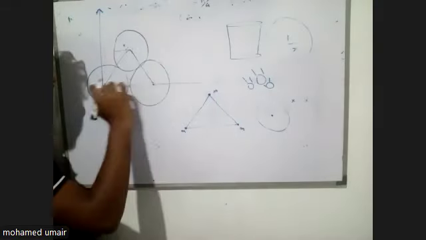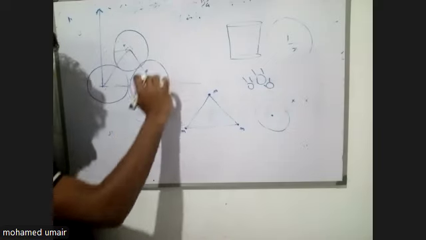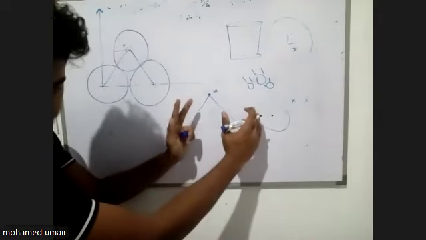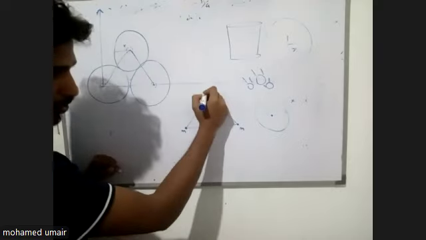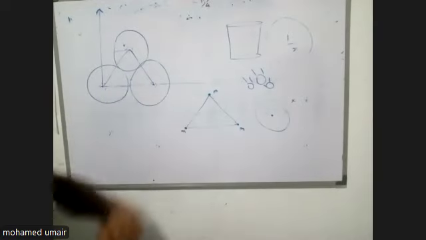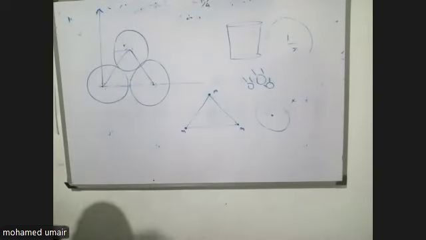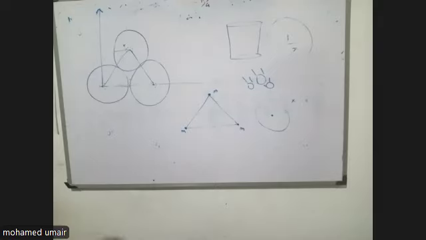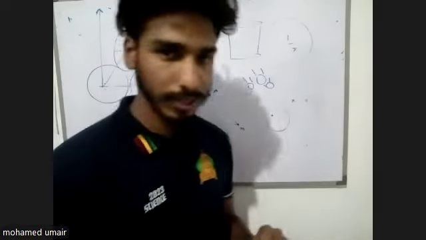If I connect the masses, I'll be having a triangular structure where the masses are present at the vertices of this triangle. I think I just came up to this point last class. So now let's find where the center of mass is.